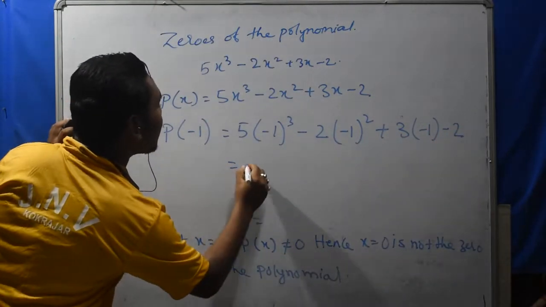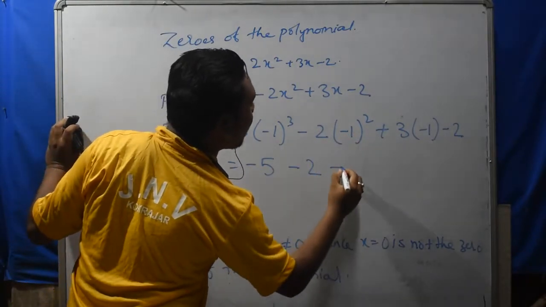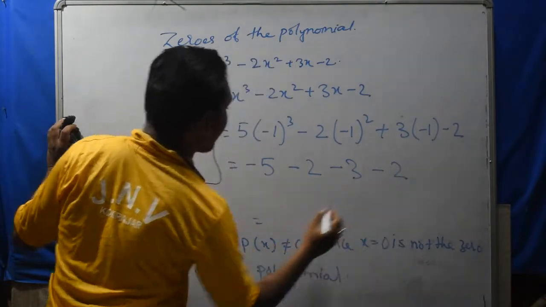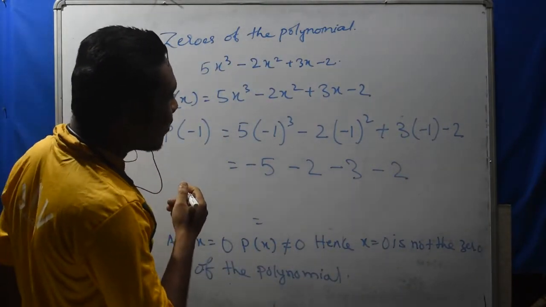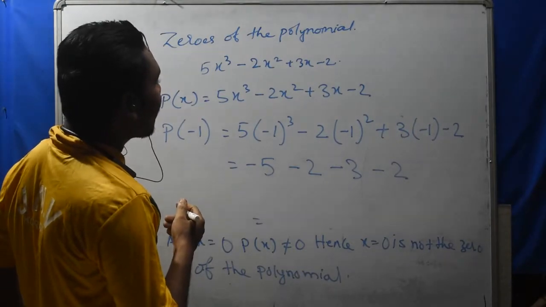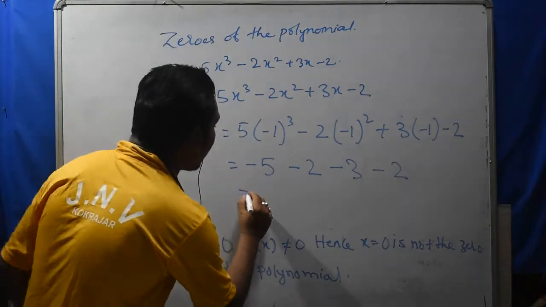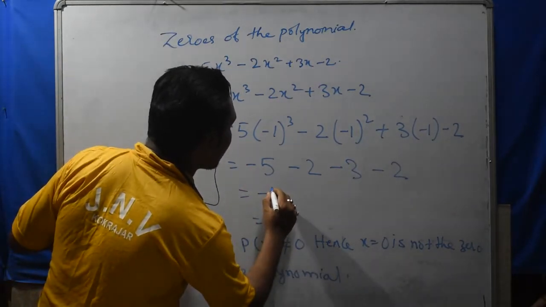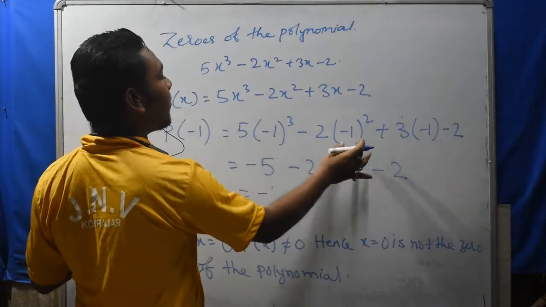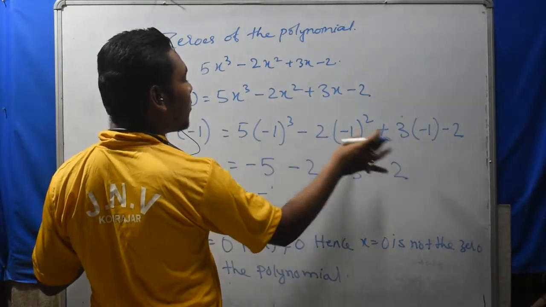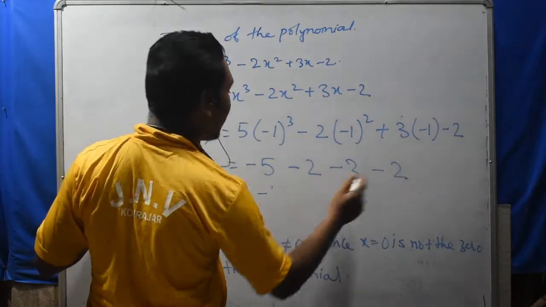So it becomes minus 5 minus 2 minus 3 minus 2, which is minus 12.